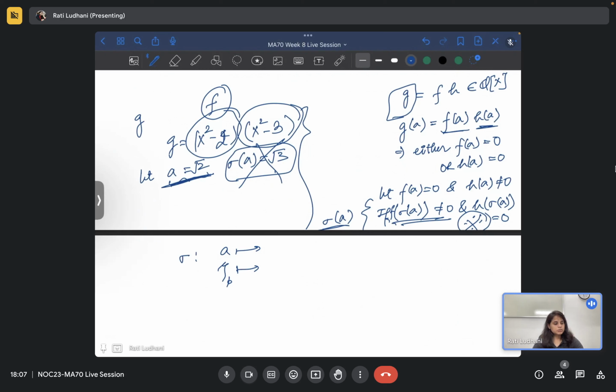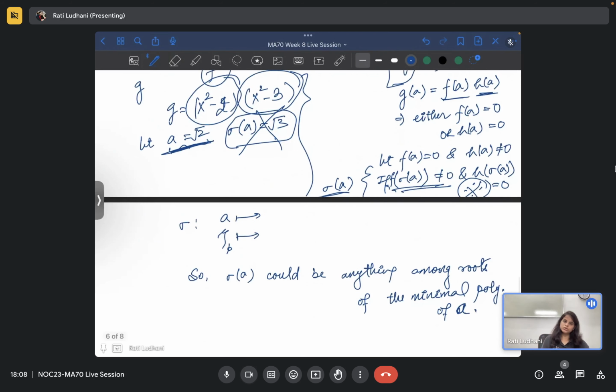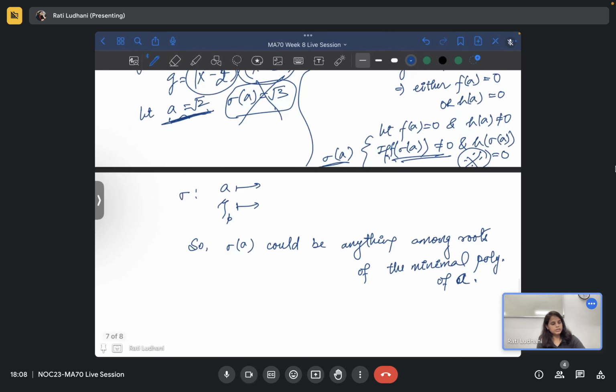And so you consider the roots of the minimal polynomial of A. Sigma of A could be anything among the roots of the minimal polynomial of A. So you pick the minimal polynomial and then you allow sigma A to be among those options. Similarly, zeta p has the same property.